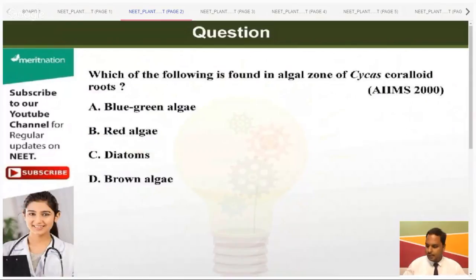Let's see. People are saying A. Let's see if it is correct or not. I'll not give you the answer right now. You people are saying A, blue-green algae. Can you give me another name for blue-green algae, everyone?